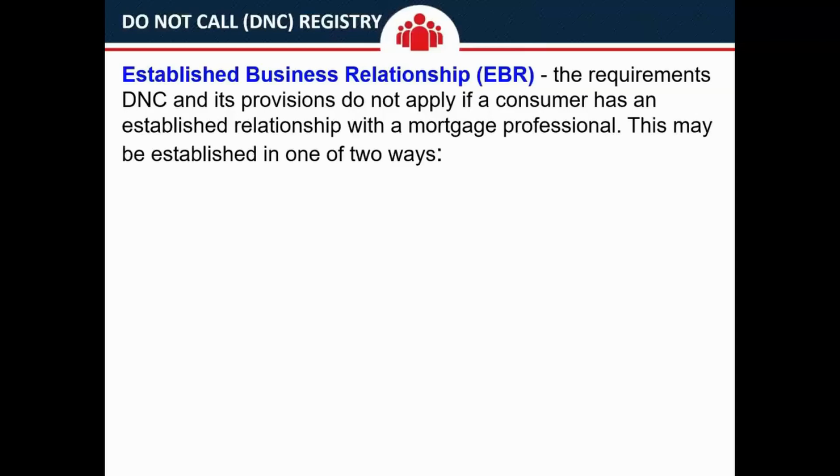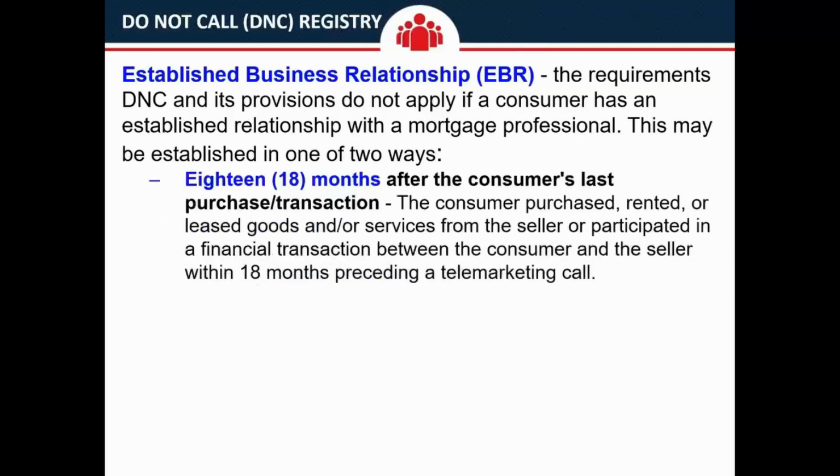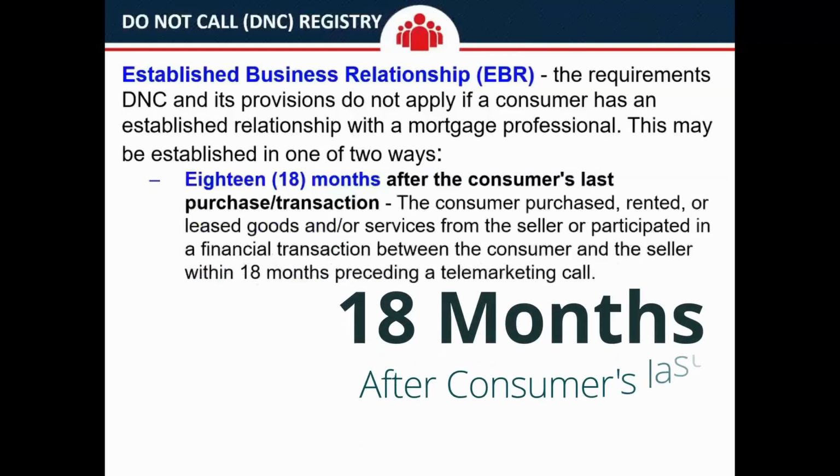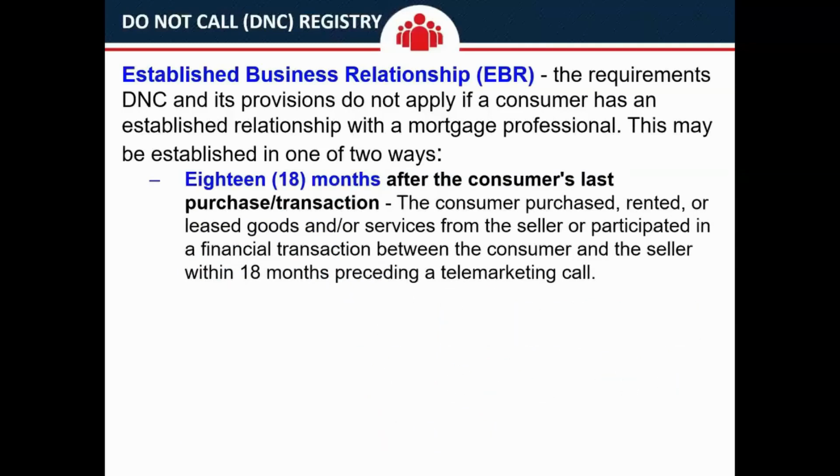Some of the do not call list rules don't apply if you have an established business relationship with a consumer. This established business relationship can be established in one of two ways. The first way, 18 months after the consumer's last purchase or transaction with you, then you have what's called an established business relationship, and you can call them, even if they're on the do not call list.